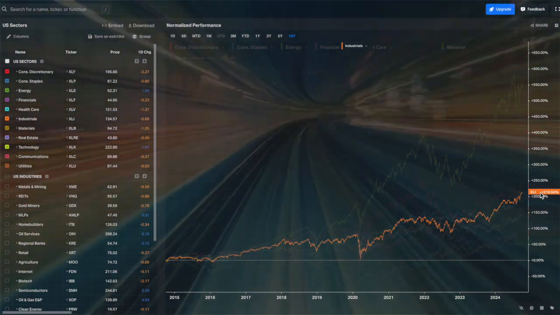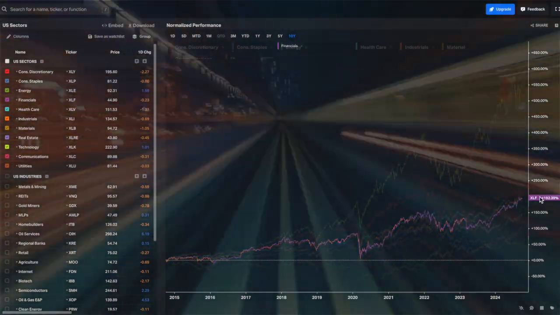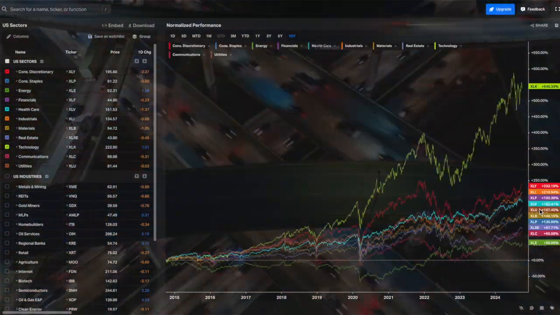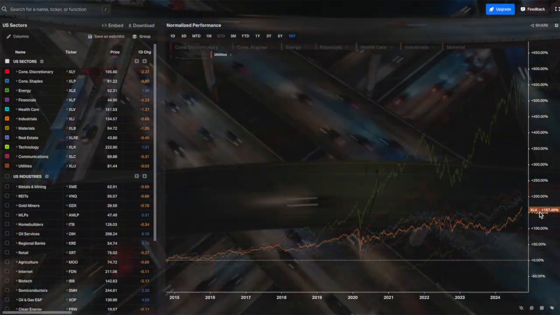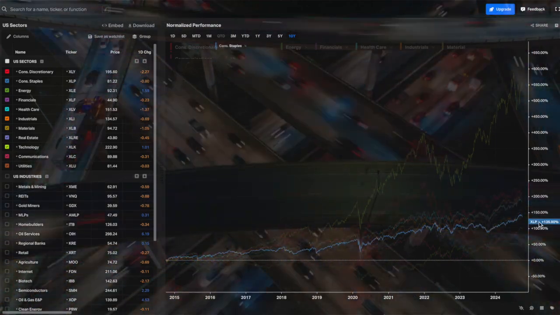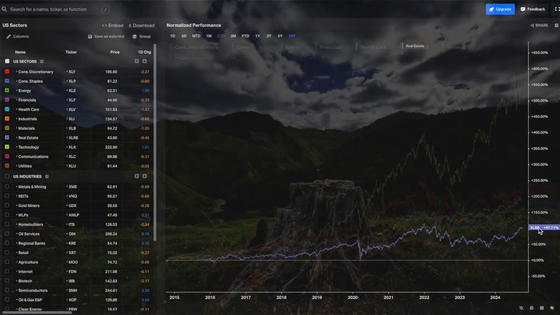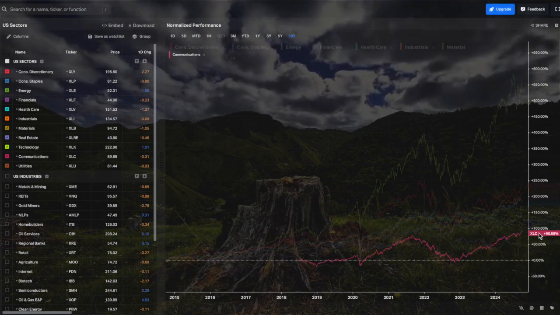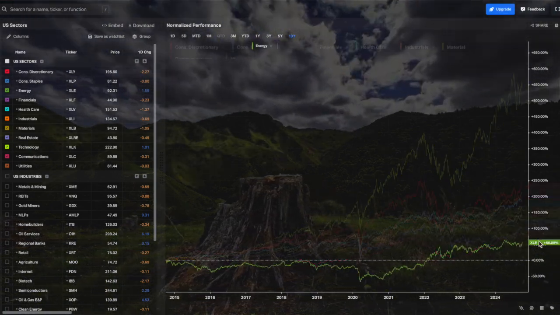Then we have industrials, then financials, healthcare, utilities, materials, consumer staples, real estate, communications, and energy.